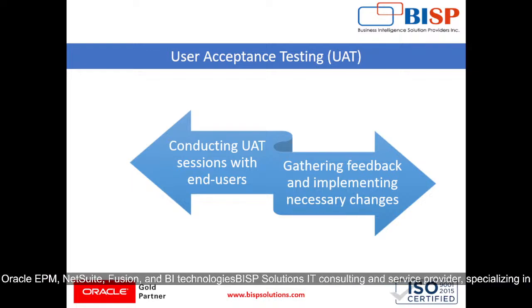Then we will collaborate with developers to implement fixes and improvements. Then we will be conducting reiteration and retesting to validate that changes resolve reported issues. So after successful UAT, it ensures the system is fully functional, user friendly and aligned with business needs before deployment.